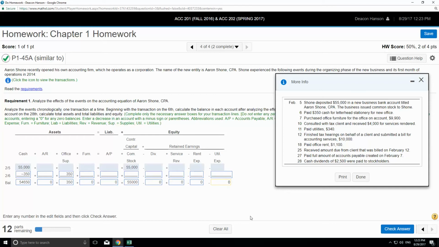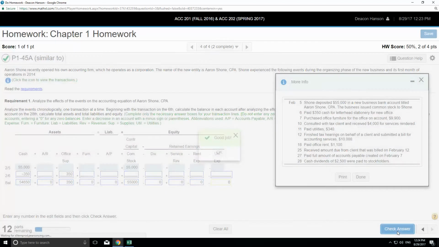And then you want to eyeball, right? You want to make sure that everything on the left, all of these balances on the left, add up to all of the accumulation of all the balances on the right. Otherwise, you wouldn't want to click check answer. See, I got good job this time, right?